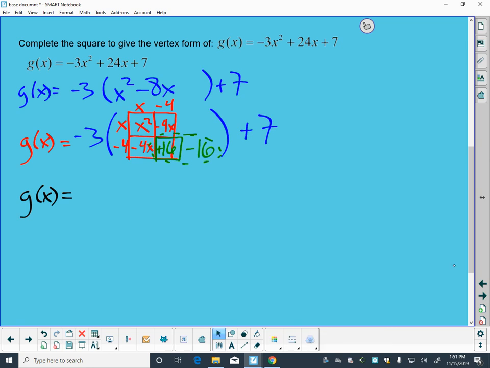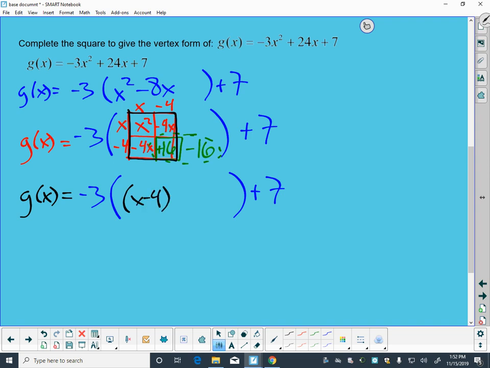So as I rewrite again here, I'm going to have the -3, the parentheses with the +7 out there, and my square, if I now write it as a length times width of the whole thing, is x minus 4 quantity squared, and I've still got the -16 sitting in here. So I'm going to have to do a little bit of distributive property now, though I can see the basics of my vertex form already.